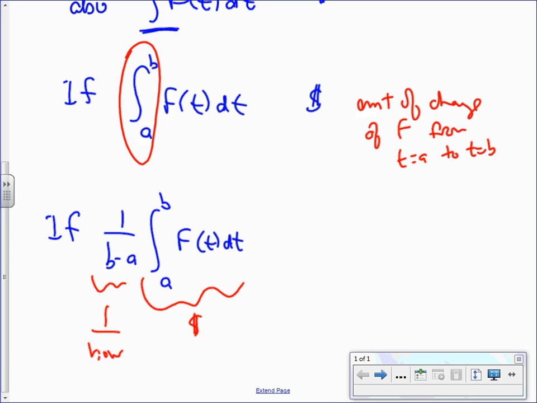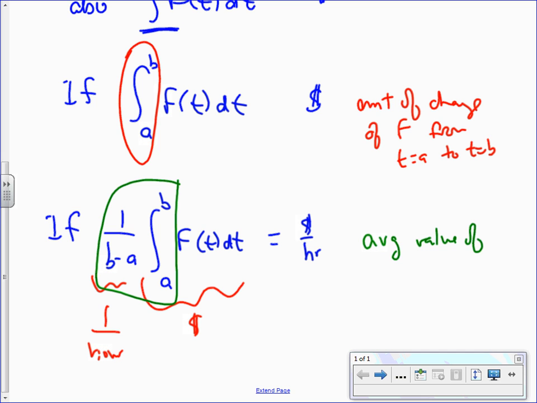So the units on this one is going to be dollars per hour. There's your units, dollars per hour. And you should recognize this feature, 1 over b minus a times the integral from a to b. This is the average value of, this is important, whatever's right here. It's the average value of f from a to b.